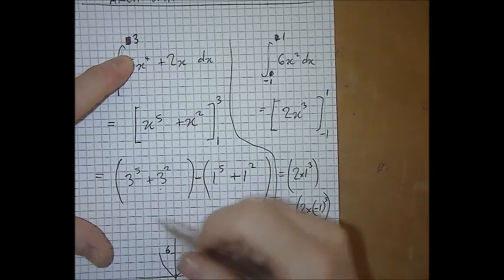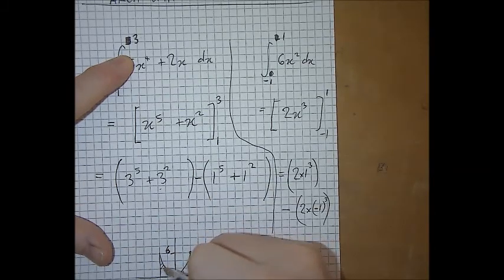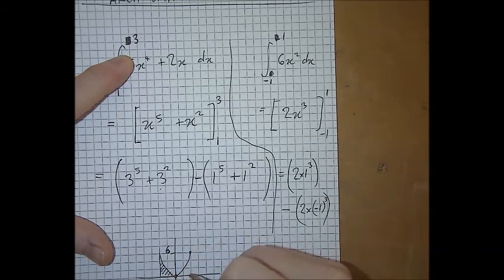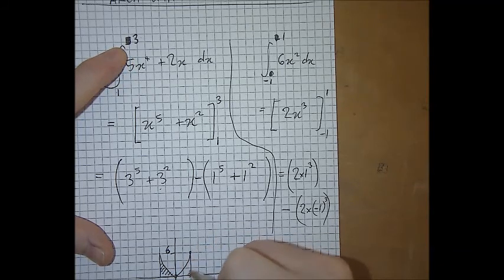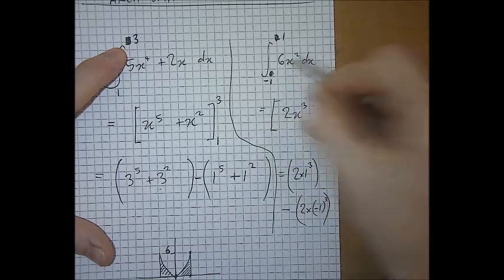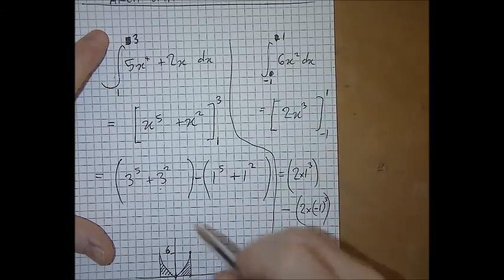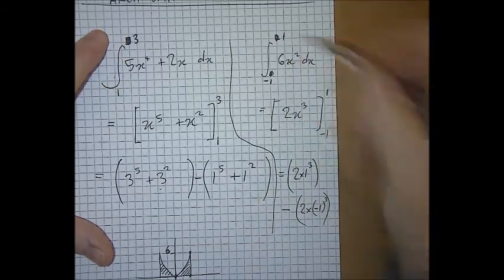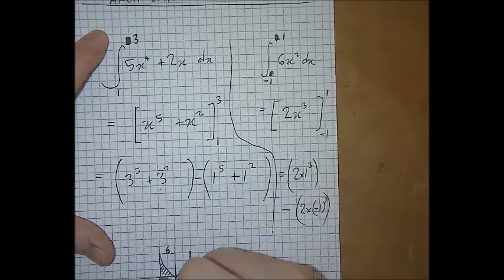So your fourth meaning is this area here. In other words, the area between the curve in the curly and the x-axis as far to the right as this number and as far to the left as this number.